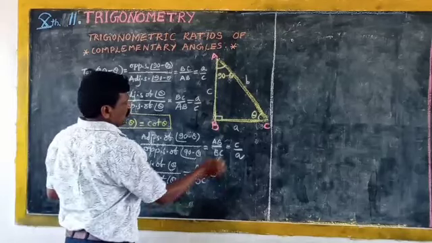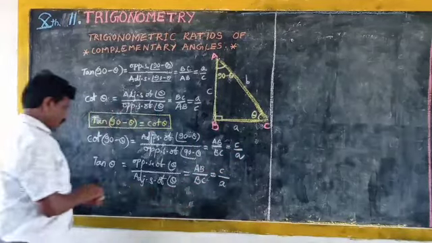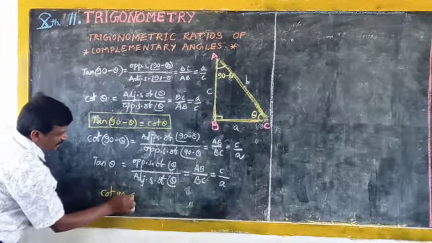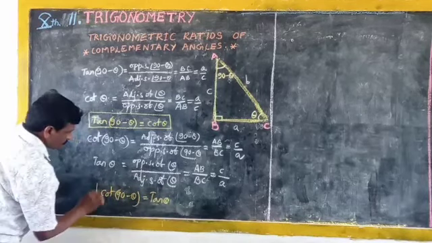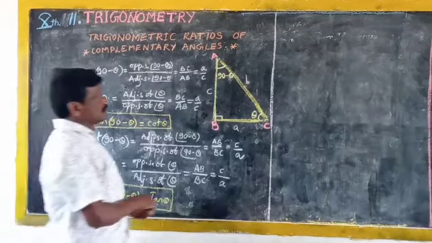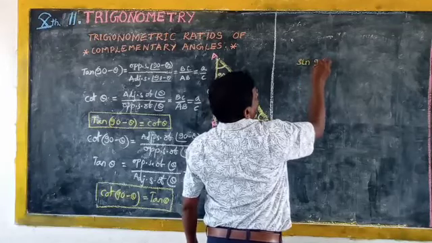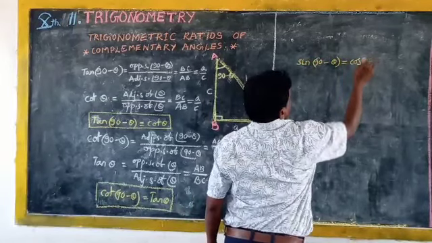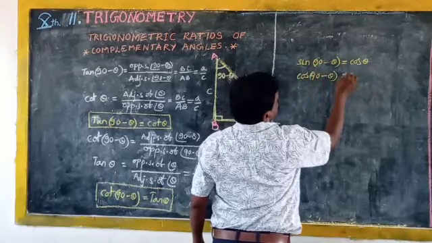AB is equal to C, BC is equal to A. Cot 90 minus theta is equal to tan theta. We find out sin 90 minus theta is equal to cos theta. Cos 90 minus theta is equal to sin theta.